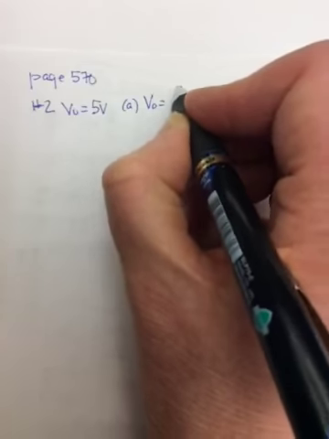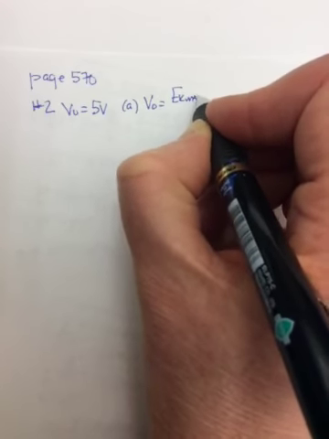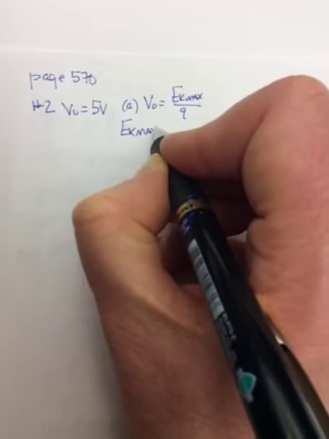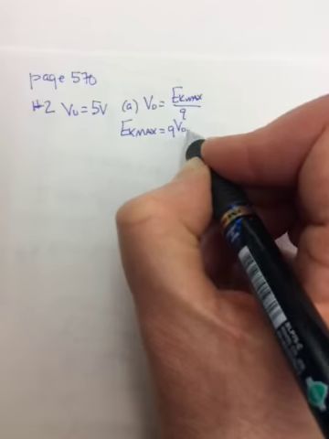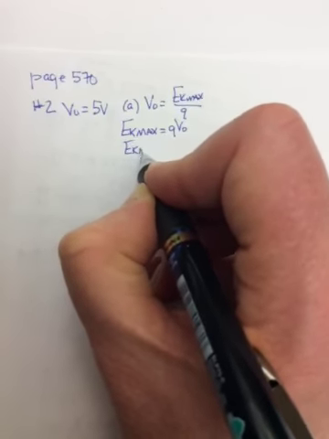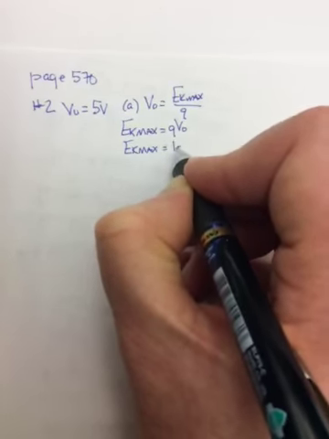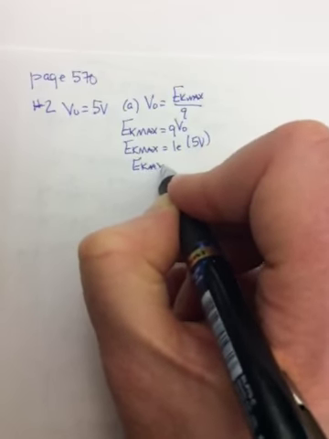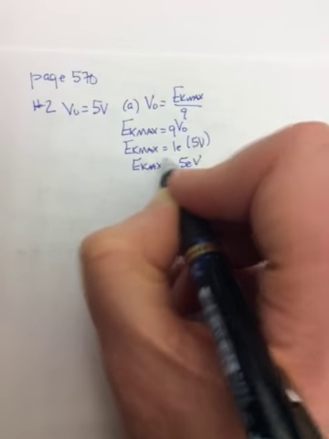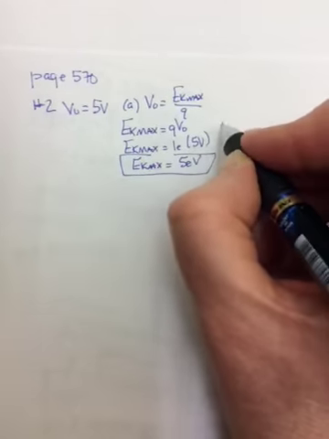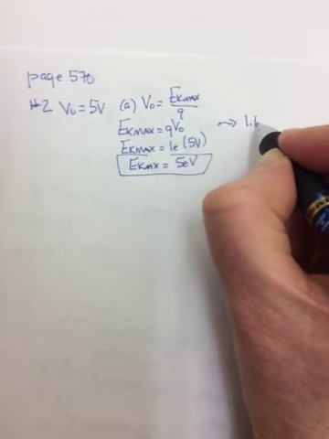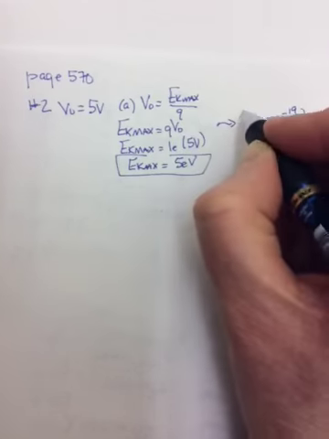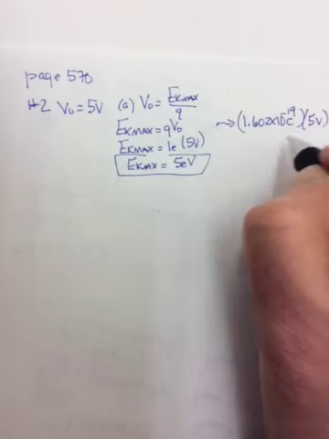So VO is equal to EK max over Q. So EK max is equal to Q times VO. So in electron volts, it's 1 electron volt times 5 volts. EK max is equal to 5 electron volts, part A. In joules, it's 1.602 times 10 to the negative 19 coulombs times 5 volts.